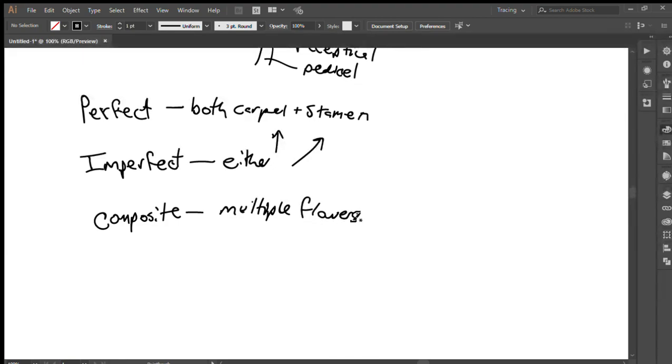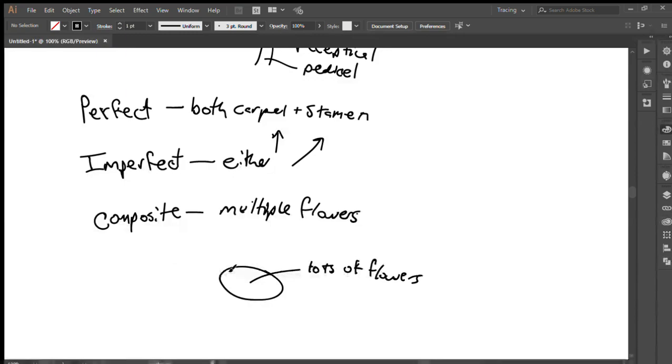If you've seen a sunflower, or you can look at pictures online or in the book, a sunflower is actually not one flower. The center, where all the seeds grow, has lots of flowers, and each seed comes from one flower.